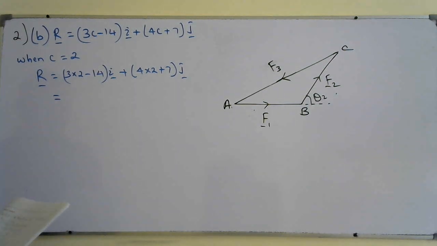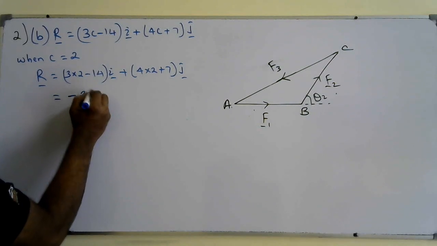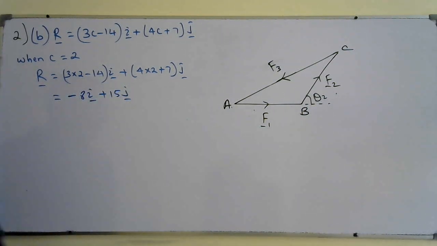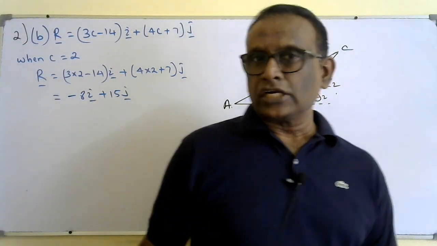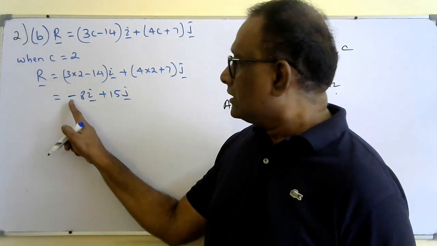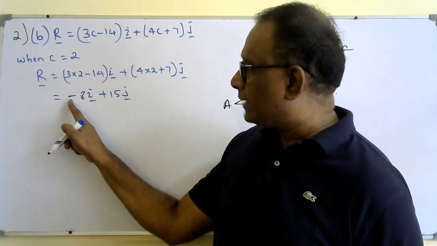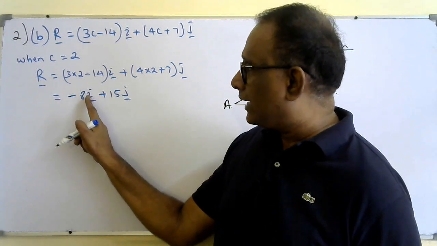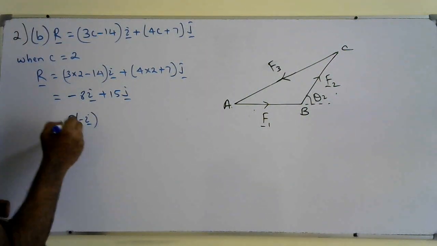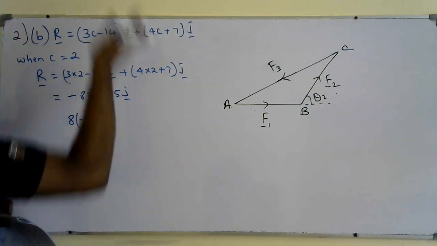Solve this and you get minus 8i plus 15j. That means the horizontal component is 8 to the left, minus i, so it's towards the left, and this is towards up.